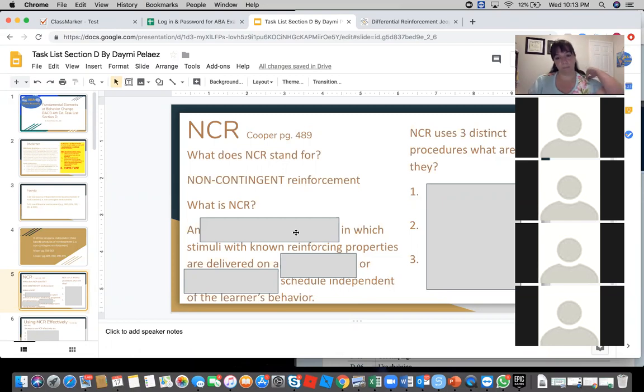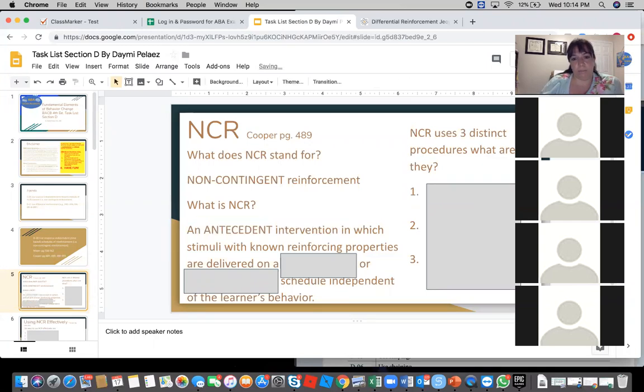Isn't it an antecedent intervention? Yeah. So an antecedent intervention for what? It provides reinforcement without having anyone earn it, just to give it. Okay, perfect. So let's do based on time. An antecedent intervention in which stimuli with known reinforcing properties are delivered on a blank or blank schedule.